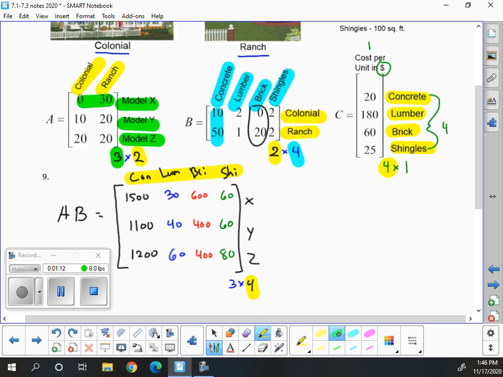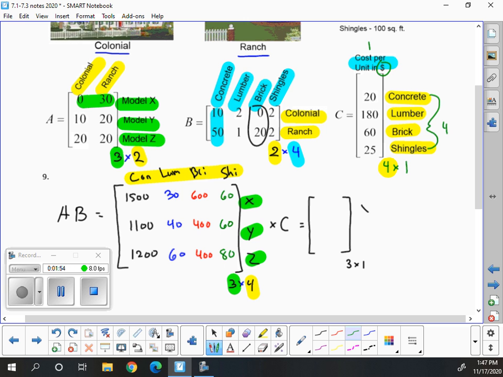So what I would like to do is figure out for the models X, Y, and Z, what is going to be the cost for all the Model X, for all the Model Z, and for all the Model Y. So what we're going to do is take AB times matrix C. Because we're looking at the 4 rows and the 4 columns, the rows from the first one and the columns from the second one tell me it's going to be a 3 by 1.